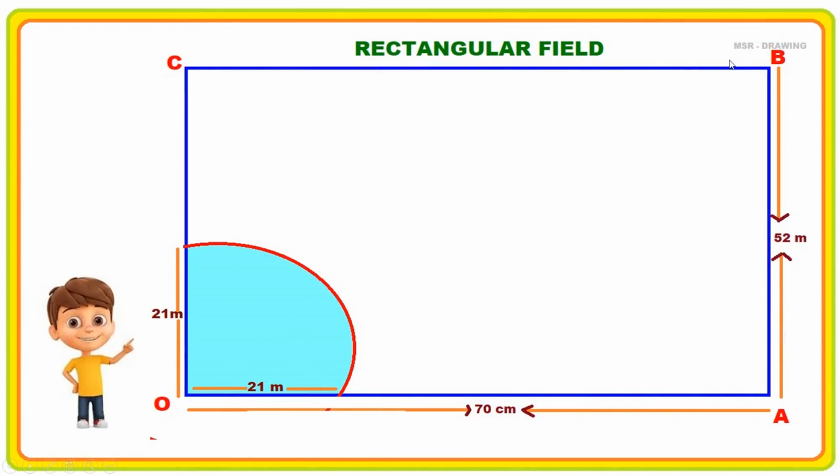This is total rectangular field. This is grazing area. What is this? Quarter circle or sector. Here angle is 90 degrees.